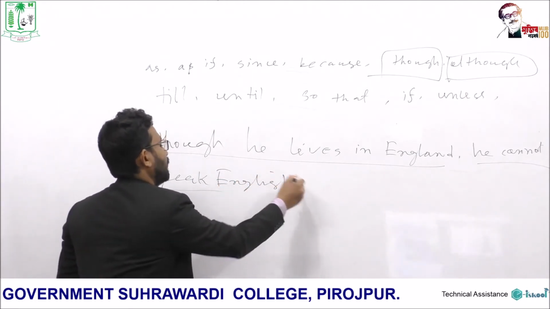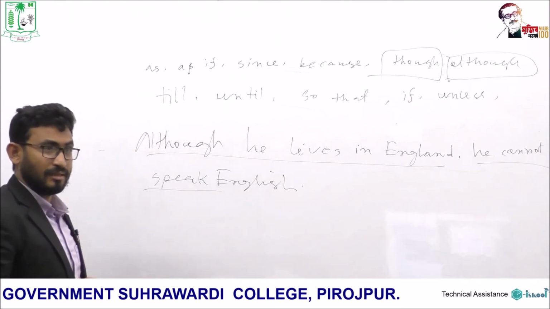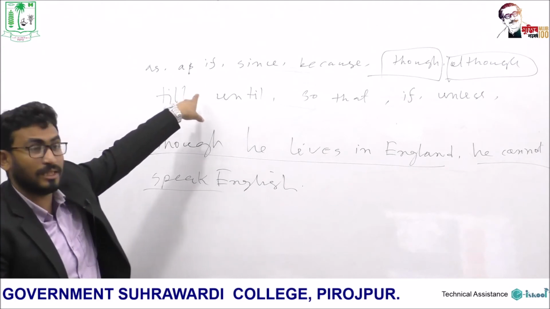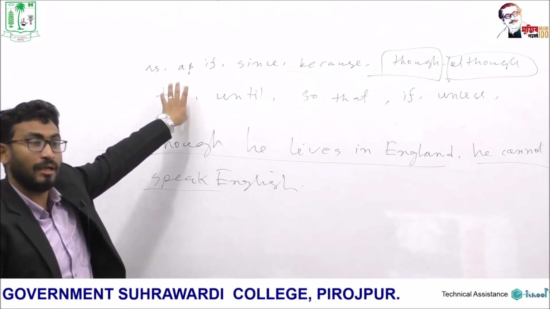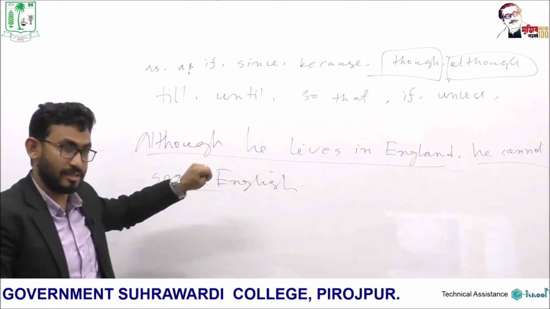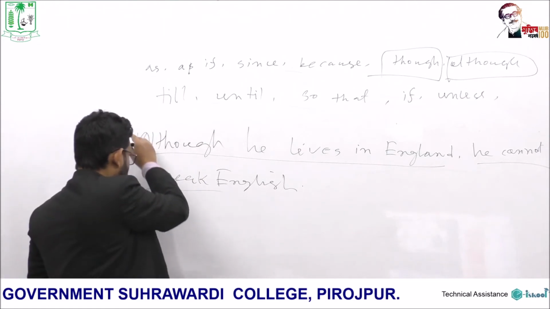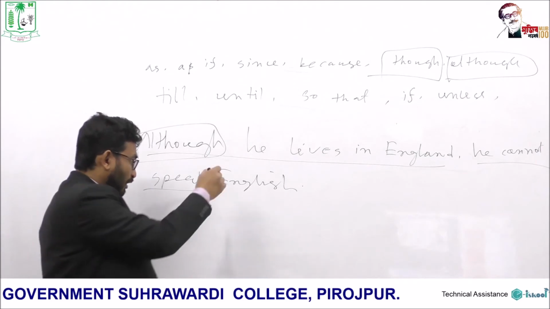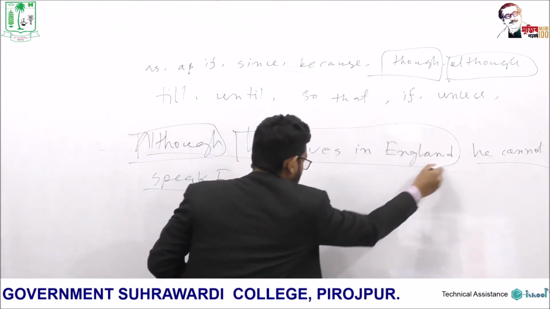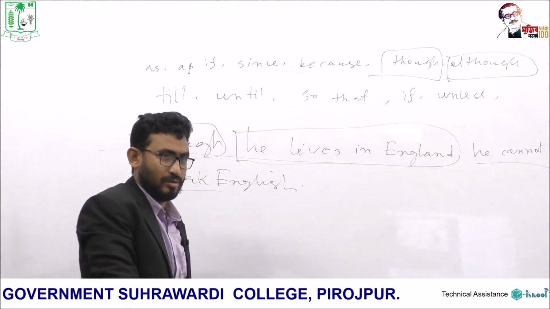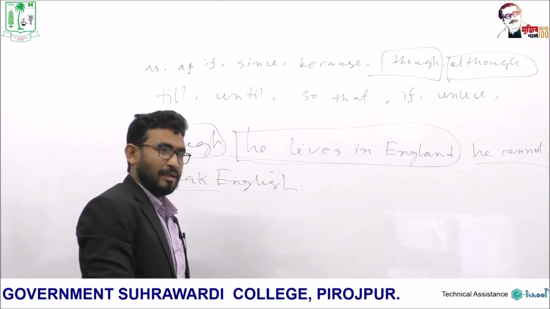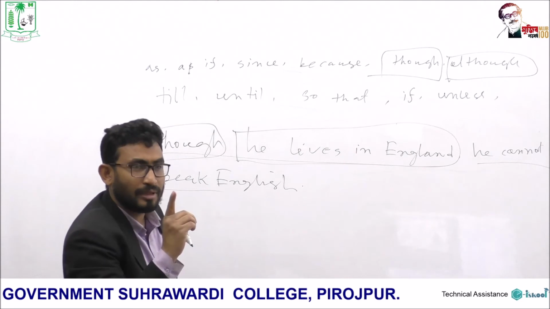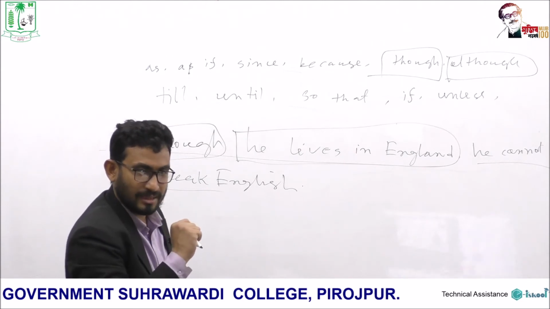Okay. I have already mentioned the conjunctions. The conjunctions are used with subordinate clauses. It means that although is a conjunction, and the following clause, he lives in England, is a subordinate clause. And we know that if in a sentence there is a subordinate clause, this is a complex sentence.